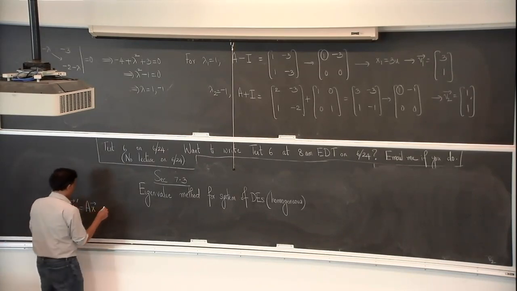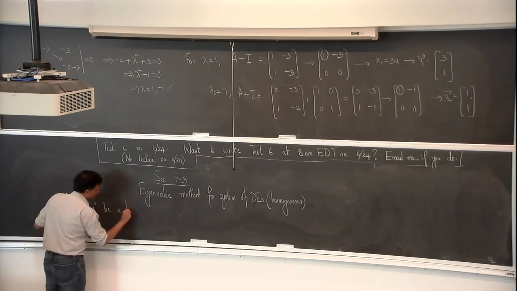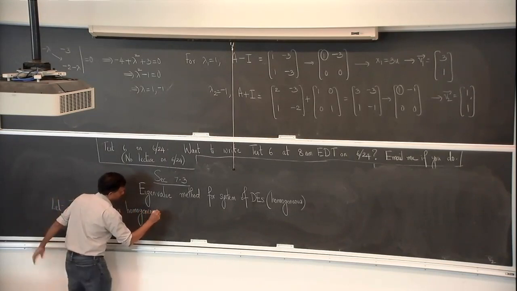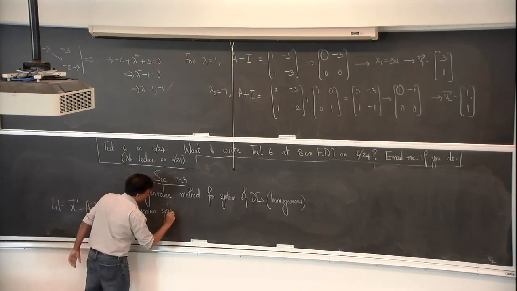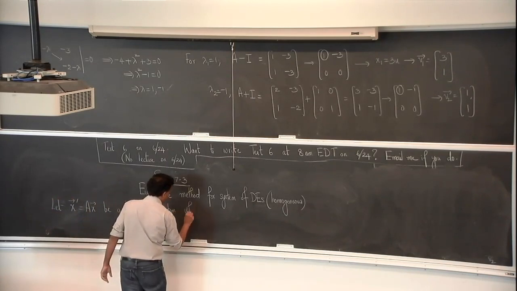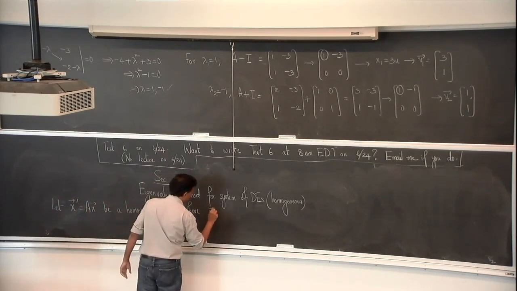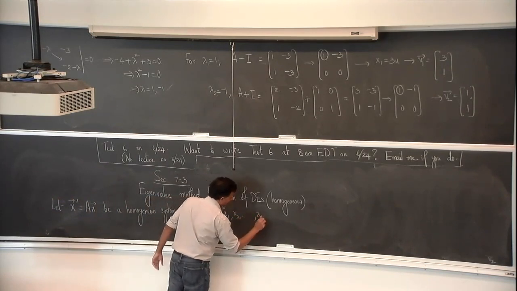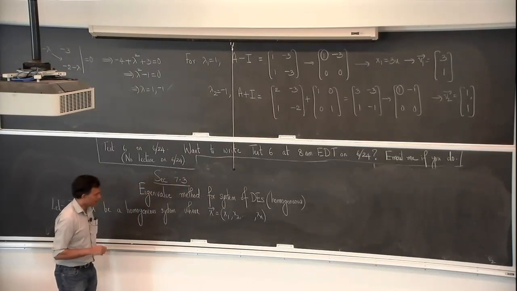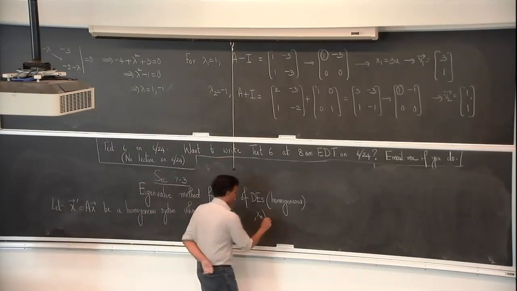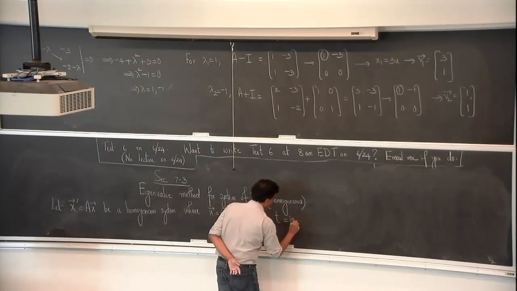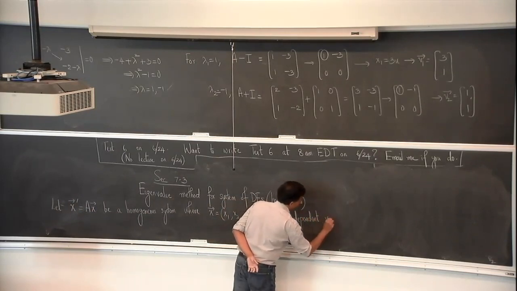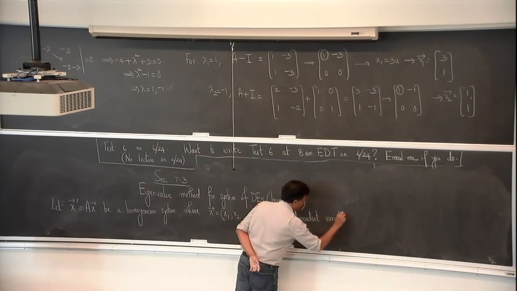So let x prime equal Ax be a homogeneous system where x equals (x1, x2, ..., xn). So there are n functions of time, and t is the independent variable.